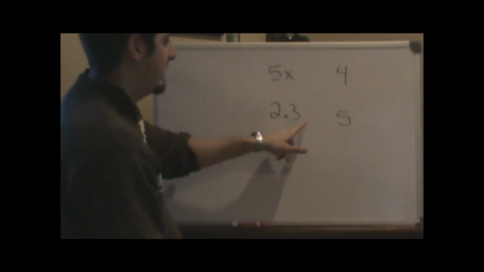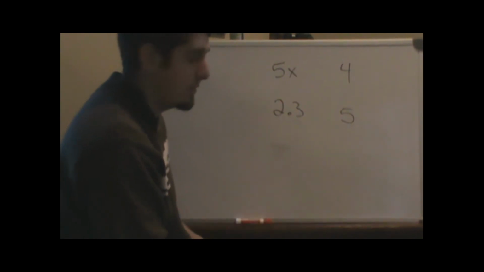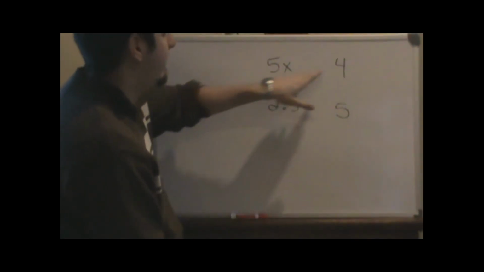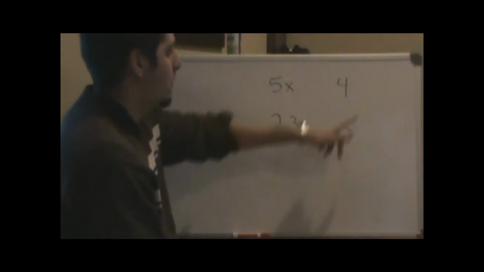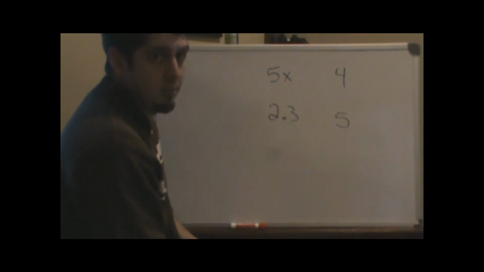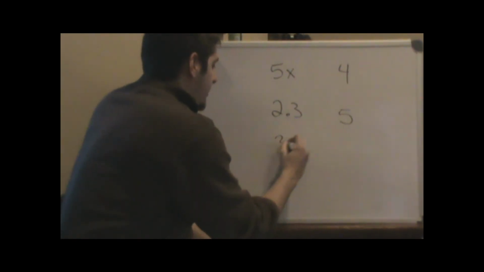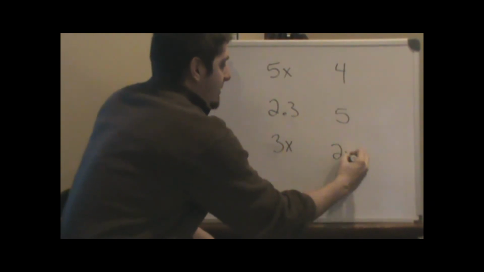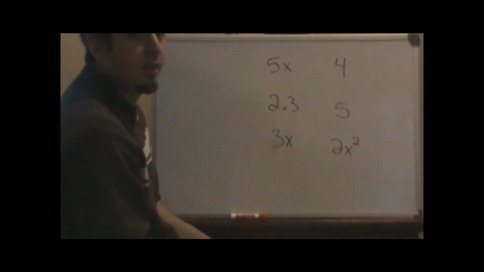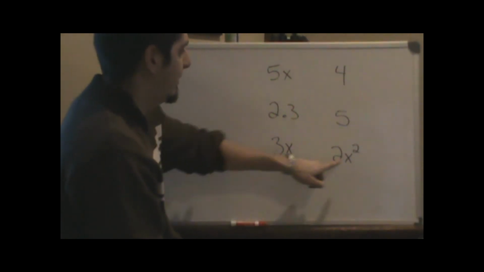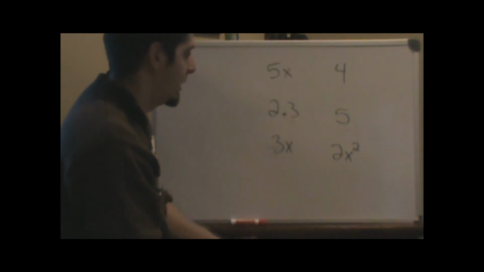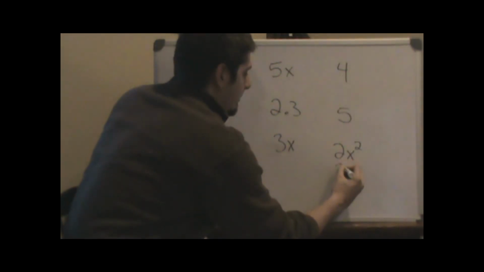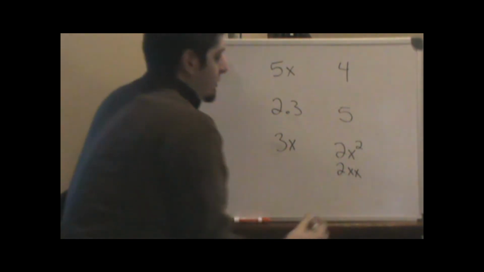2.3 and 5 are like terms. These end in the same variable, which in this case is nothing. 5x and 4 did not end in the same variable, so they were not like terms. 4 has no variable, 5 has an x. 3x and 2x squared are not like terms. x and x squared are considered different variables, because x squared actually means x times x.